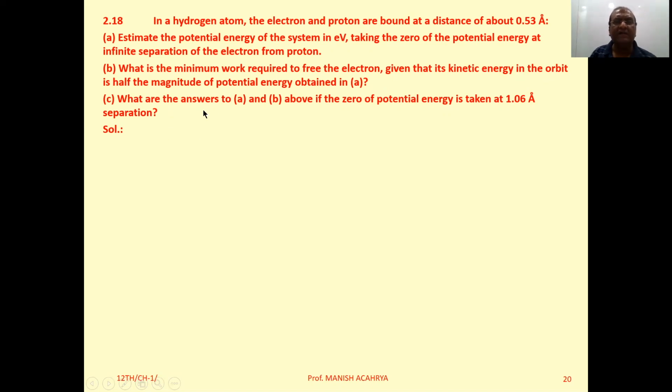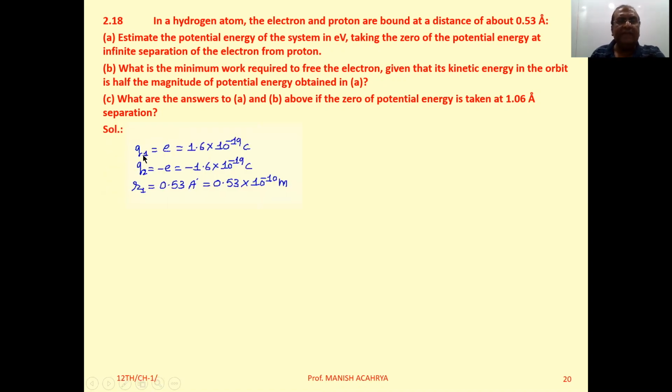C. What are the answers to A and B above if the zero of the potential energy is taken at 1.06 angstrom? Now see here, first if we consider the zero of the potential energy at infinite separation, it implies that now we can write the equation for the potential energy, that is K Q1 Q2 upon R12.